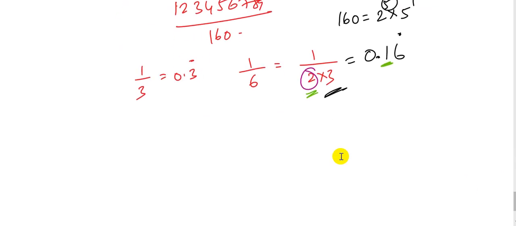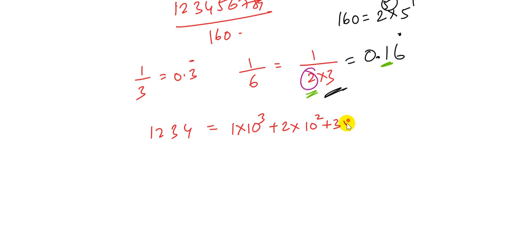The last thing before I close: in the next class I'm going to show you the conversion of recurring decimals to fractions, which is again very important in dealing with problems. The last thing is, if I have a number 1234, this number is actually 1 into 10 to the power 3 plus 2 into 10 to the power 2 plus 3 into 10 to the power 1 plus 4.